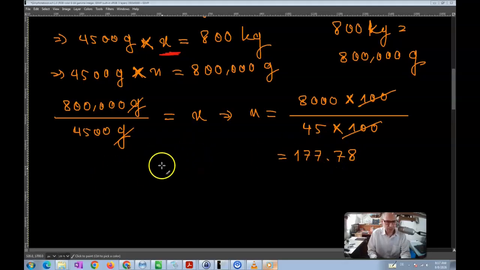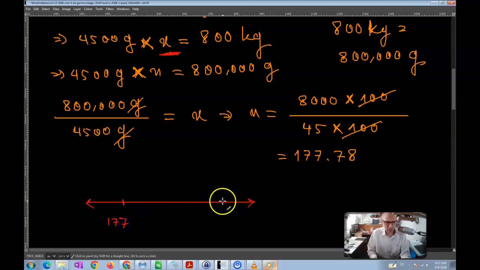But for now, it's enough to know that 177.7 is some number. If we have a number line over here, let's say that this is 177, and this is 178.